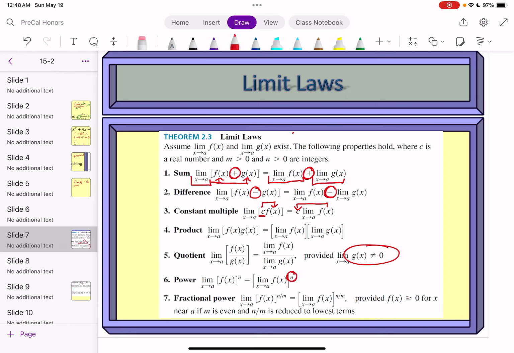Notice that nth power is being pushed over to the entire f of x. And once that limit is multiplied against your f of x, notice you still have that nth power going to the entire limit. Same thing occurs with the fractional power.